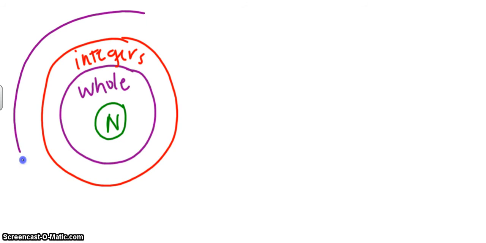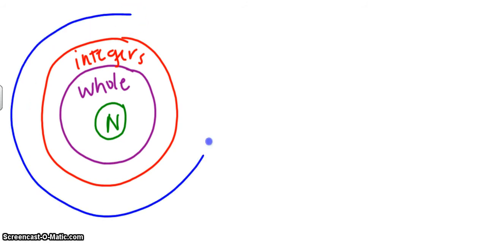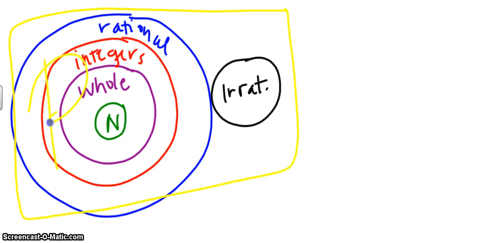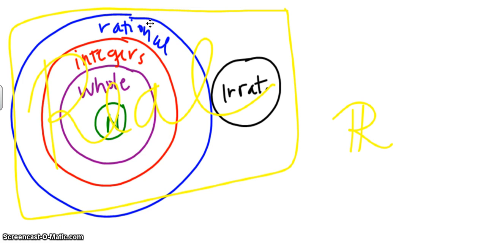Then, we expanded even further to create the rational numbers. Then we have this kind of side subset over here. That was the irrational numbers. Okay? And all together, these things make up the real numbers. So when we talk about a domain being real numbers, we're talking about rationals and irrationals and all of their different subsets.